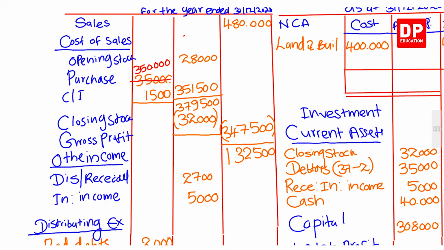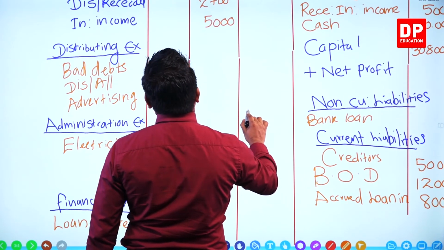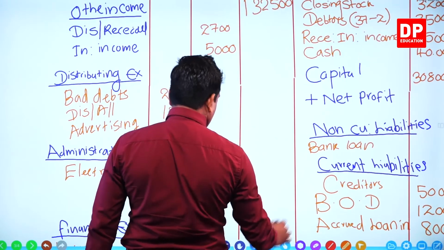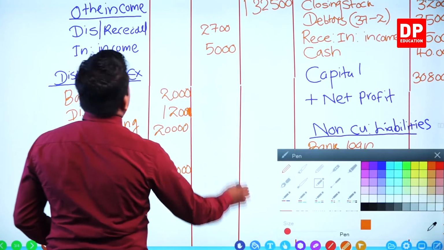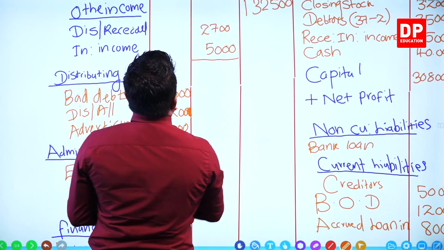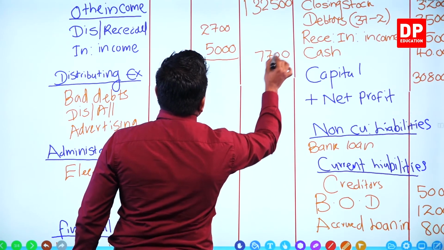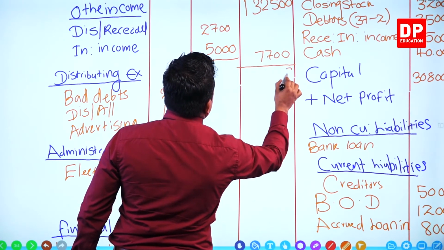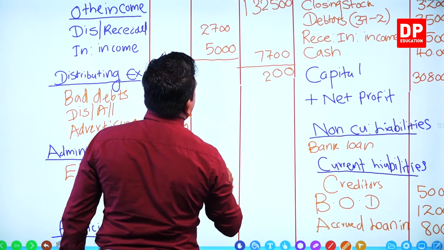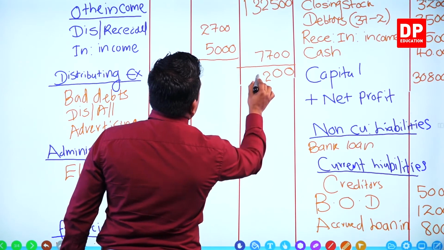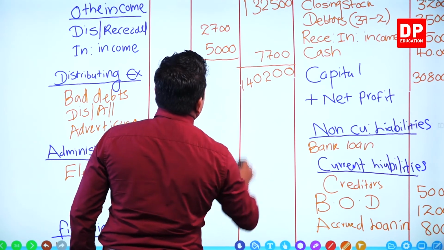Now we move to the expenses, distributing and those. Now other income. There are two other incomes. First one is here, 7,700. You can add these two, 140,200.